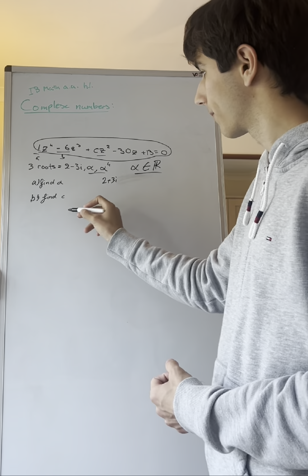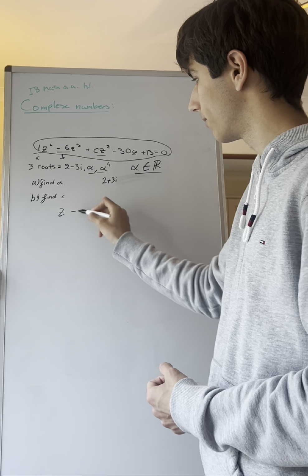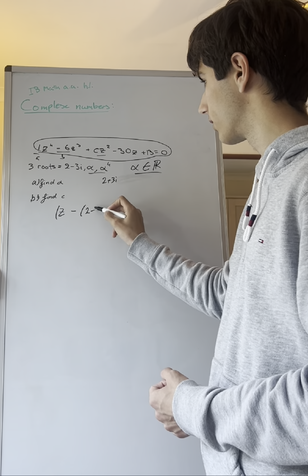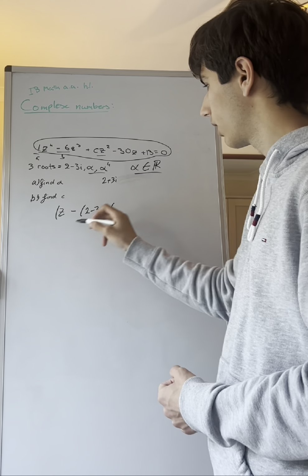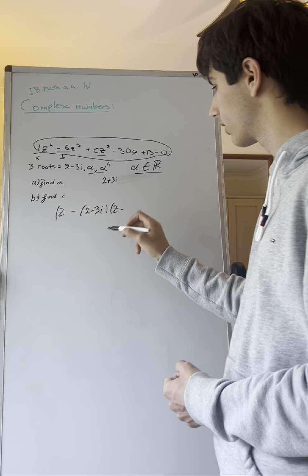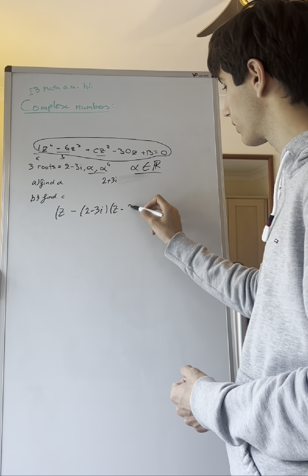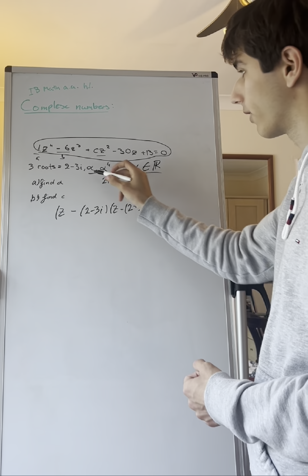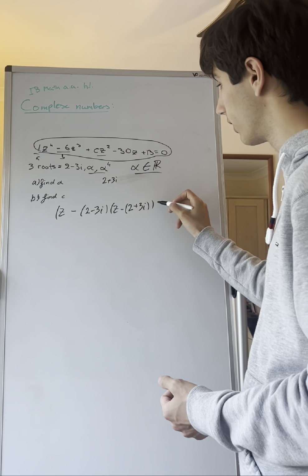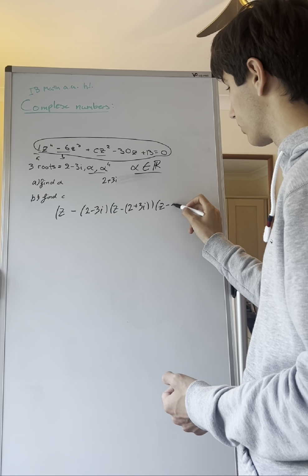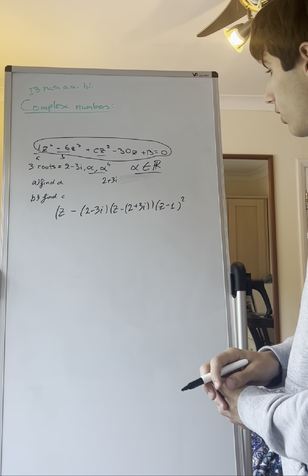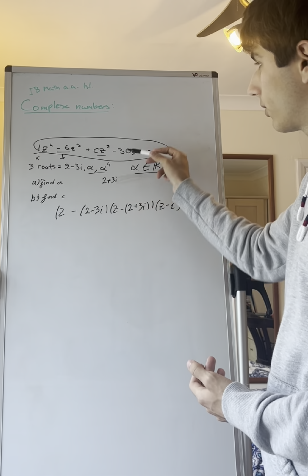So for part B, we want to say z minus, the first root is 2 minus 3i, and then z minus, second root is 2 plus 3i, and now we have a repeated root, both of which are 1, so we want to say z minus 1 squared. So this is going to equal that.